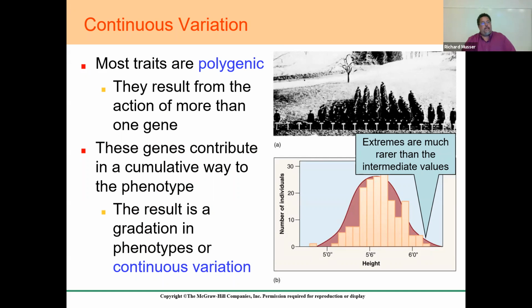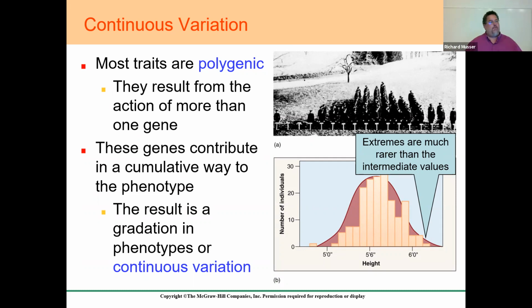The first one is continuous variation. And this is the idea that more than one gene is involved in making a trait or a phenotype. In pea plants, it was a little bit simpler in the sense where you can have tall pea plants or short pea plants. And I'm sure there have been environmental factors involved in that as well. But we notice when we look at the heights in this room, for instance, or in people in general, that there's a bell-shaped curve to height.